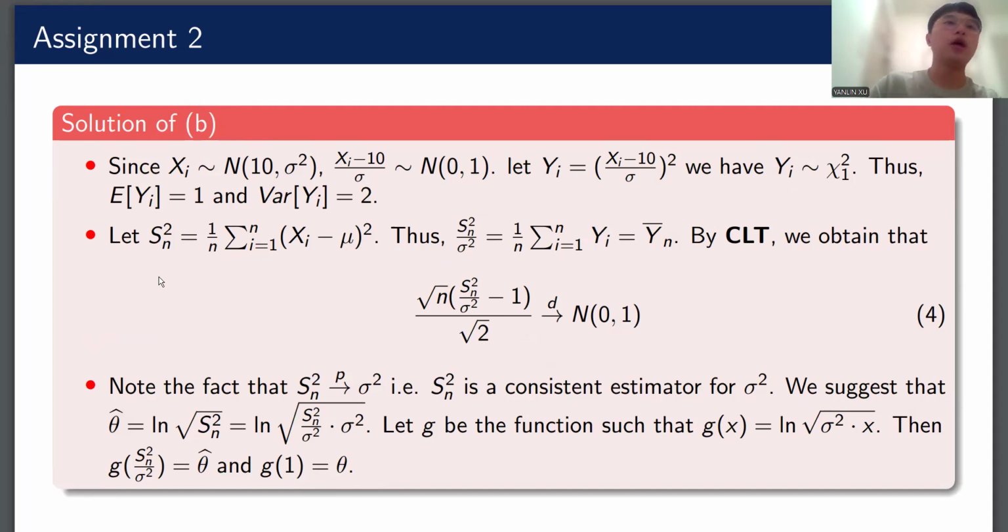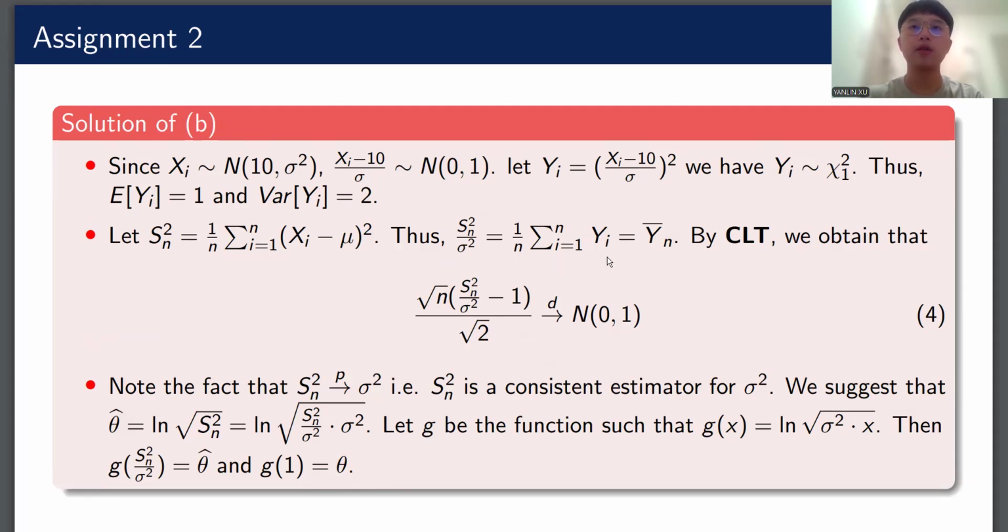Now, if we let S sub n to the power 2 be such a thing, it's in mean value form because there is a 1 over n here, and we divide it by the variance, the unknown parameter.